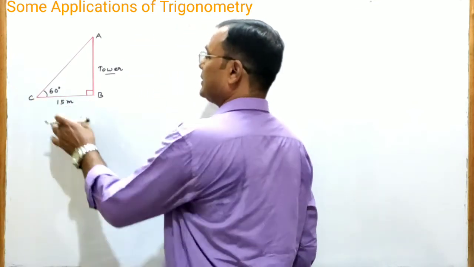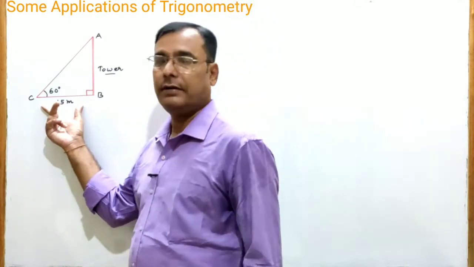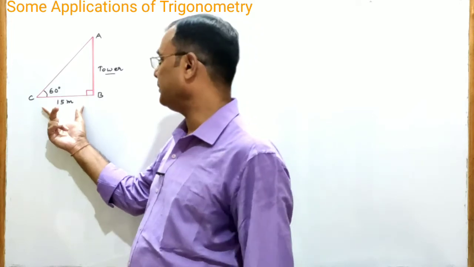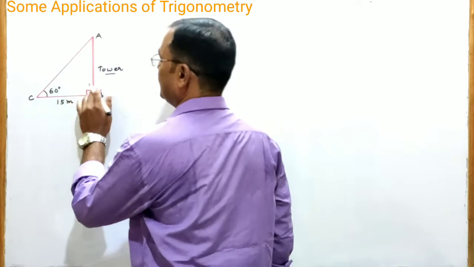CB represents the level ground, and we have to find the height of the tower in this situation.